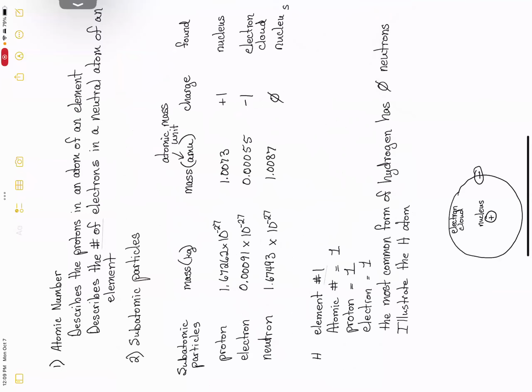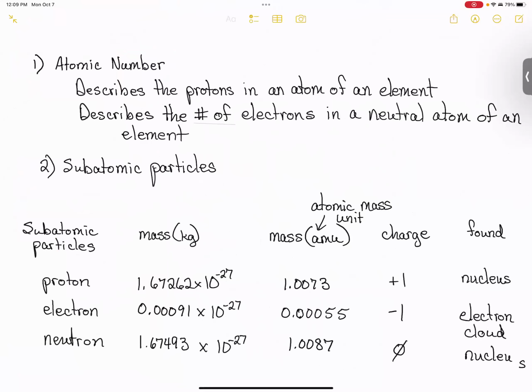I'm going to write up some information on the board just so that I have it readily available. And then we will get started into today's information.